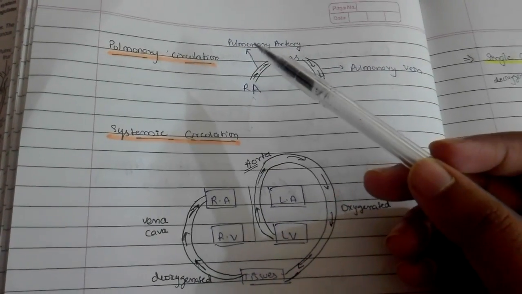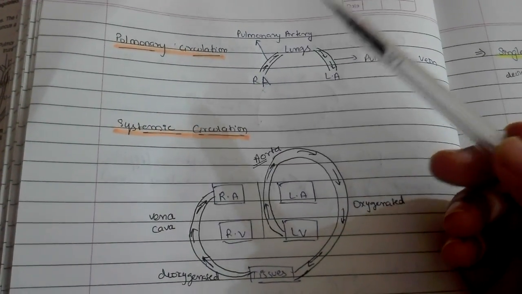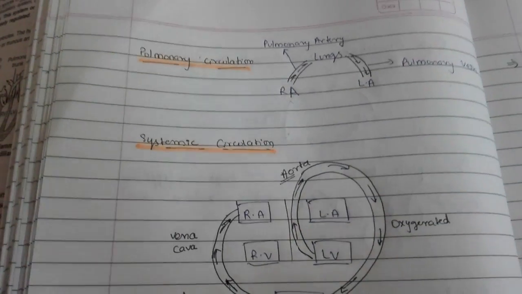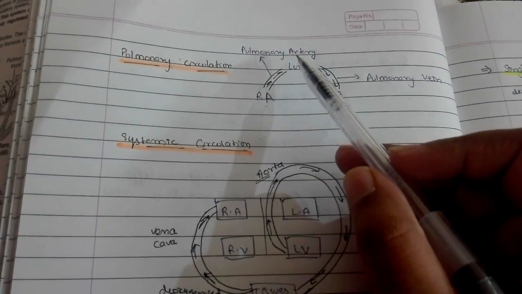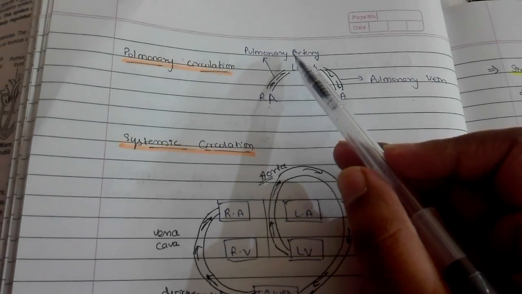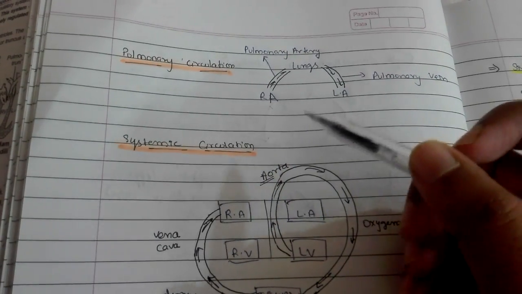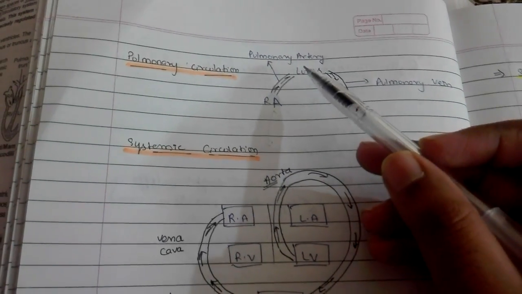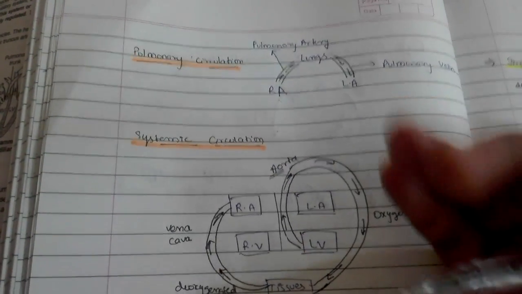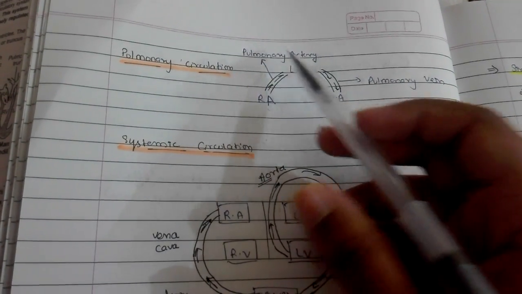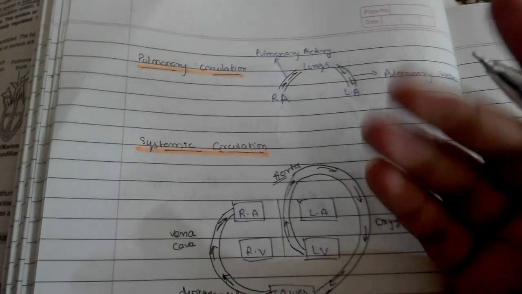Now, what I do for remembering is this very good trick, okay? Artery means come, right? So the lungs are saying, blood, come to me.